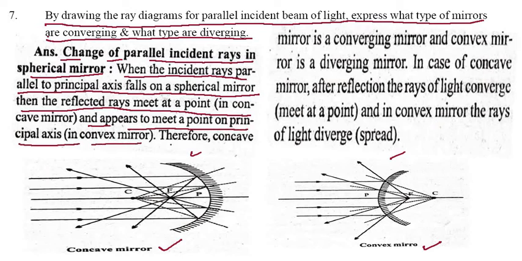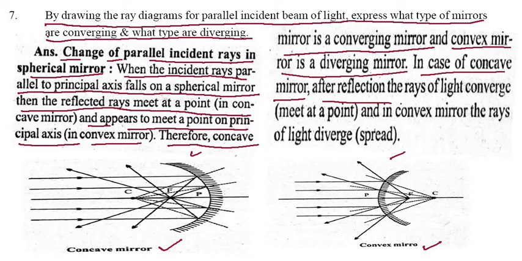Therefore, concave mirror is a converging mirror and the convex mirror is a diverging mirror. In case of concave mirror, after reflection, the rays of light converge and meet at a point, and in convex mirror, the rays of light diverge. That is the difference. The figure is also given.